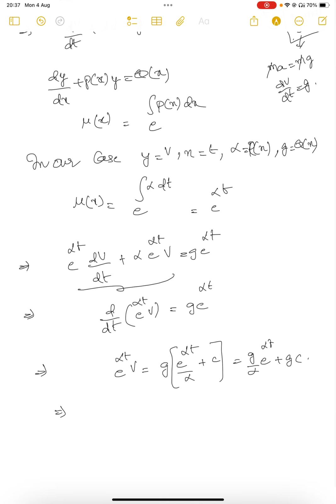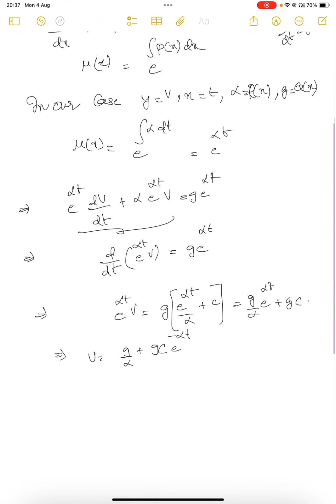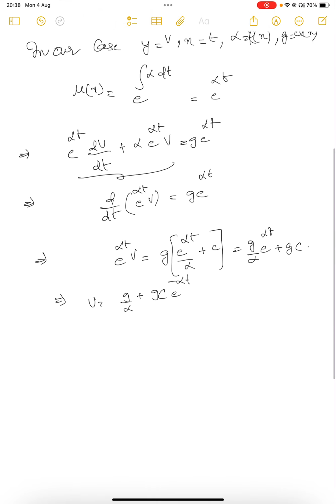Then v equals, if you divide by e power alpha t on both sides, g by alpha plus gc into e power minus alpha t. Then let's take some initial conditions to know the value of c. Let's say that at time t equal to 0 we have an initial velocity u equal to 0.